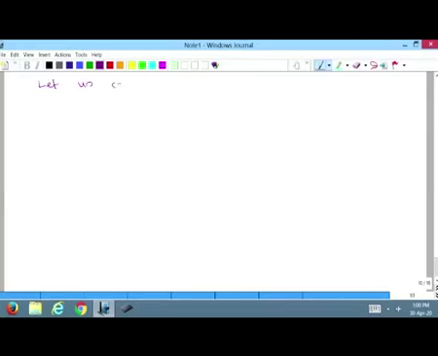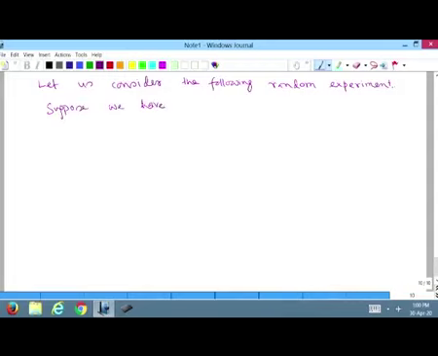Okay. So, let us consider the following random experiment. Suppose we have 10 identical red balls.